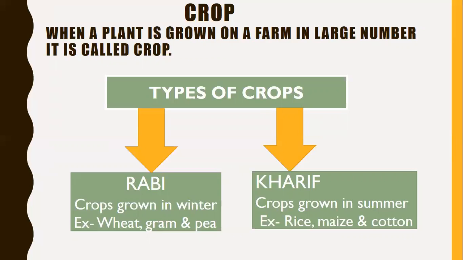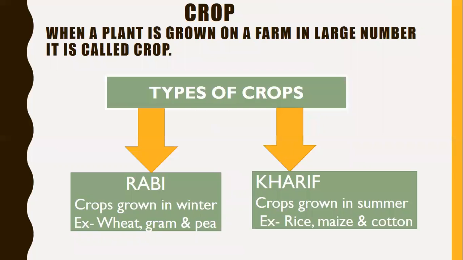So, when a large number of plants is grown on a farm to fulfill our requirement, that is called crop. So, when a crop is grown on a farm in large number, it is called a crop.